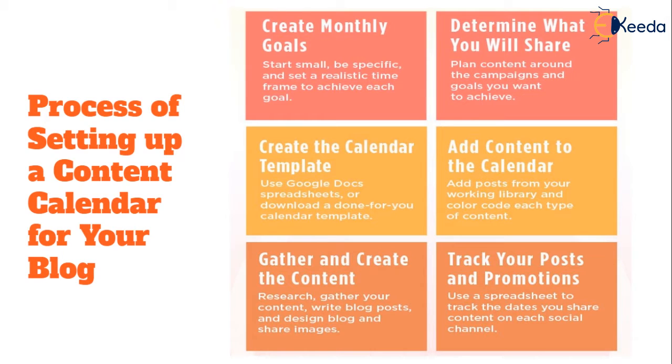So when you're setting up this content calendar and you're defining your monthly goals, you can in fact plan to come up with some short form blogs on a daily basis and then have one long post every week.